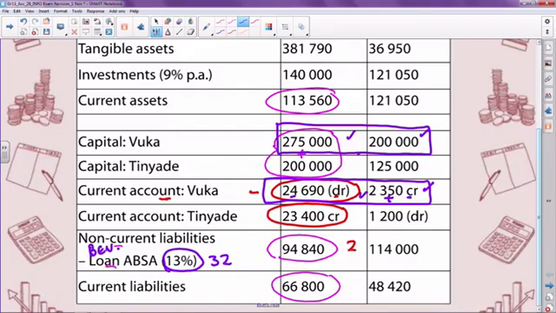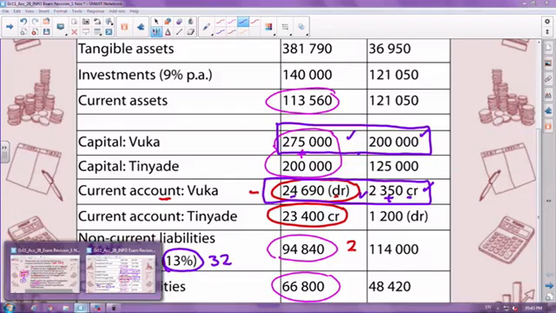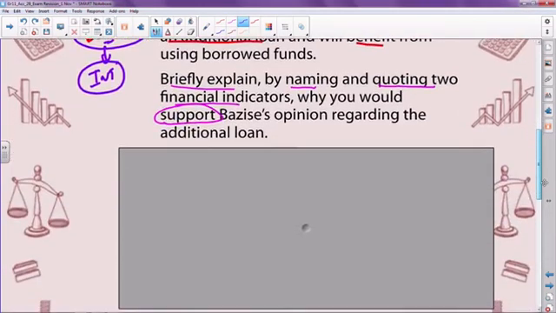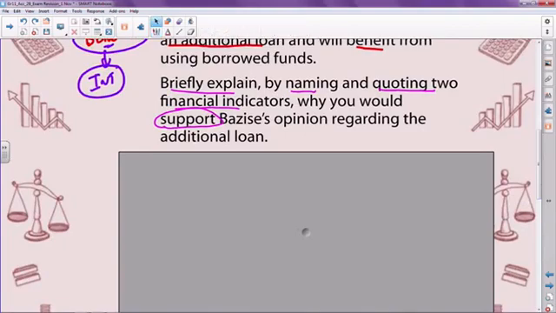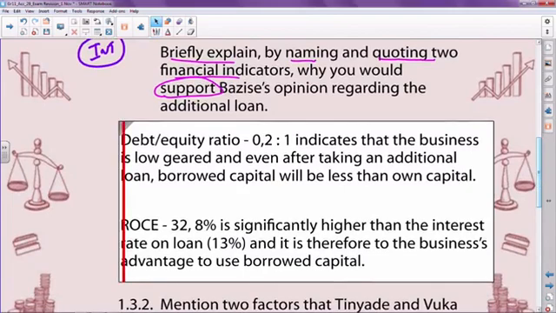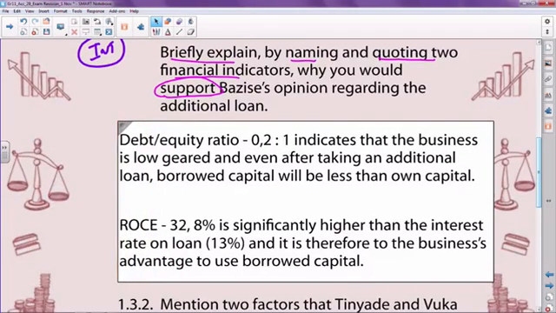Right, so let's now put this into an answer, and let's go to the actual answer sheet. Hopefully all of this now makes sense. If we go to our answer sheet, the debt equity ratio, just get a pen out. There's my first indicator, the debt equity ratio. Remember, name and quote.